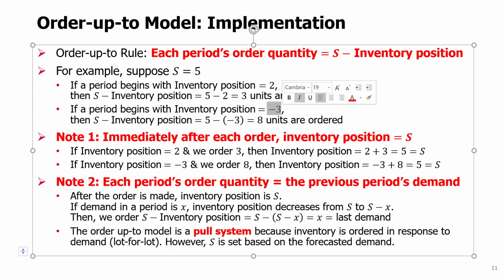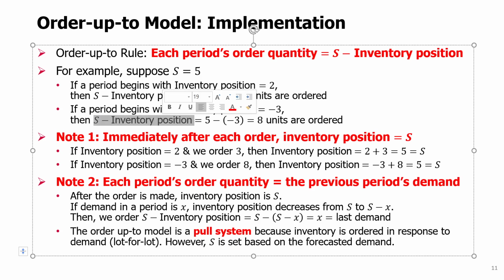Well, maybe we have 3 units on back order and nothing is being shipped, or maybe we have more than 3 units on back order, but some things are on order and the balance is minus 3. In that case, we should order S minus inventory position, which is 5 minus negative 3. The inventory position is now negative, so we should order 8 units, right?